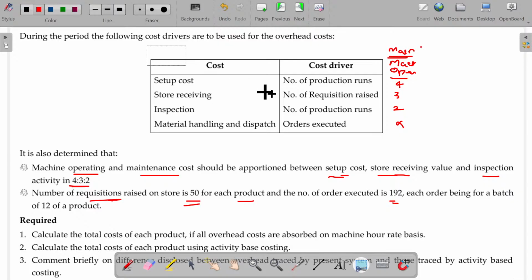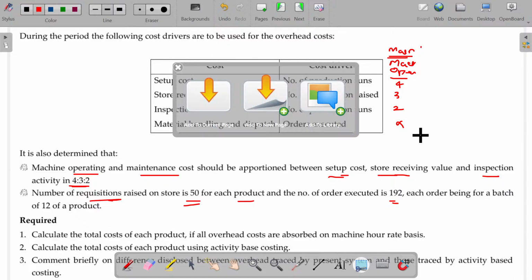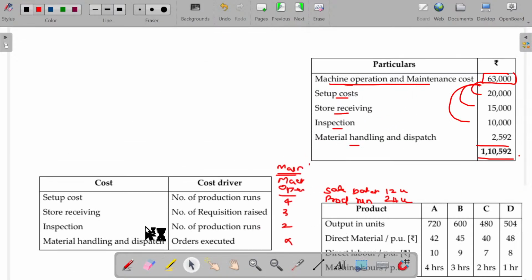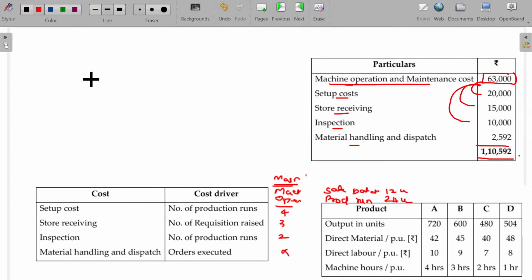Now, let me first finish up this one before I incorporate the last one. What are the costs we have? Setup cost, machine cost, stores receiving cost, inspection cost, material handling cost.